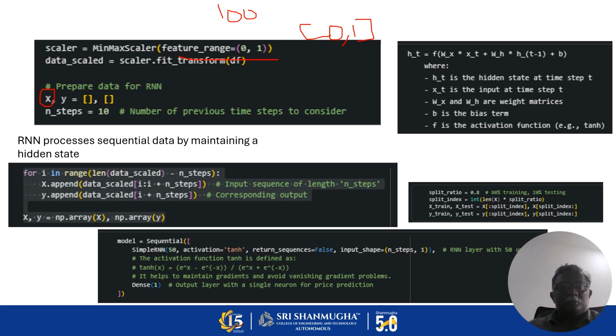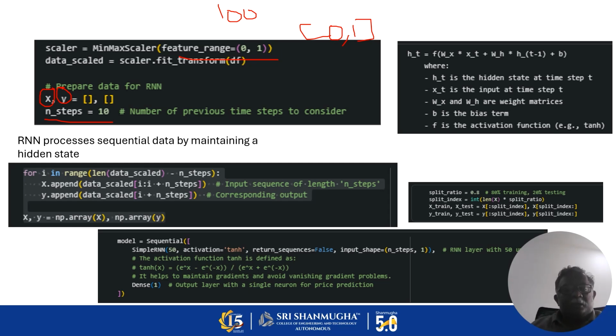So this is for the input sequence, and this is for the output sequence. The total number of steps for consideration is 10, so the 10 previous time steps will be considered to predict the next one. The input sequence length is 10 steps here.